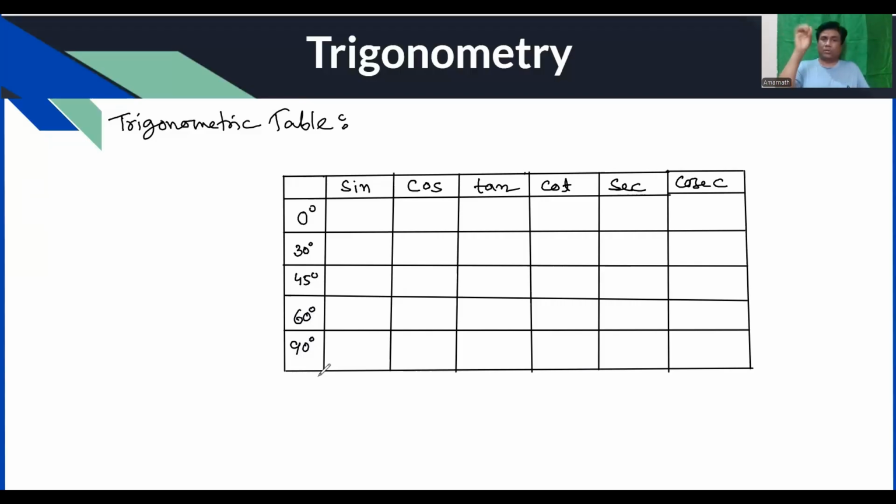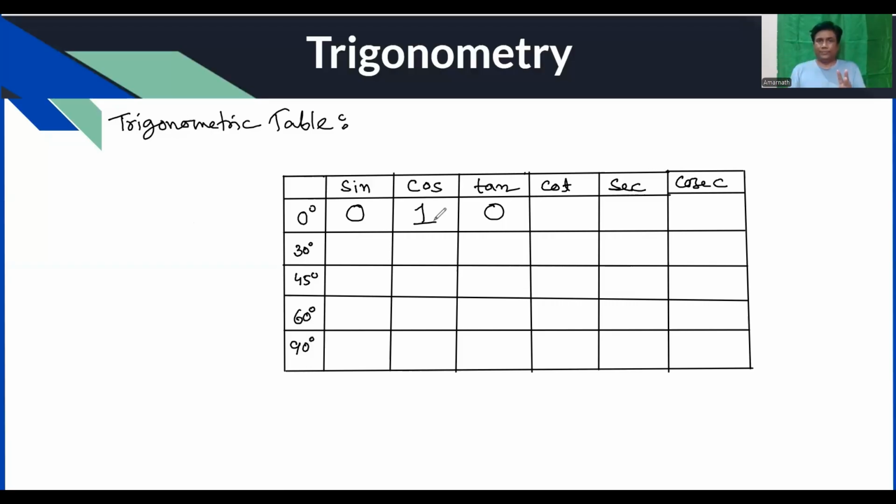Sine, cos, tan, cot, sec, cosec. 0, 30, 45, 60, 90. These are some good angles we require actually. But apart from that, also I'll teach you some more angles. Anyway, so what you do, give here a 0 and here a 0 and in between 1.